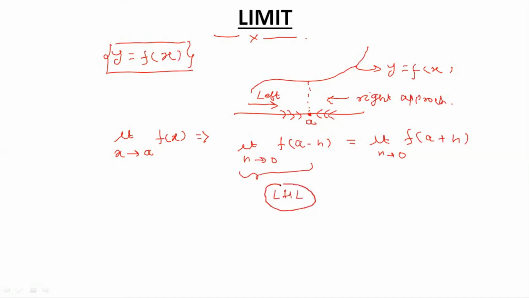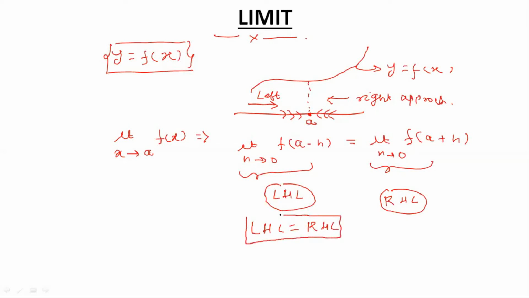This is LHL, left hand limit, and this side is called RHL, right hand limit. If for a particular function LHL is equal to RHL, then the limit exists for that function.